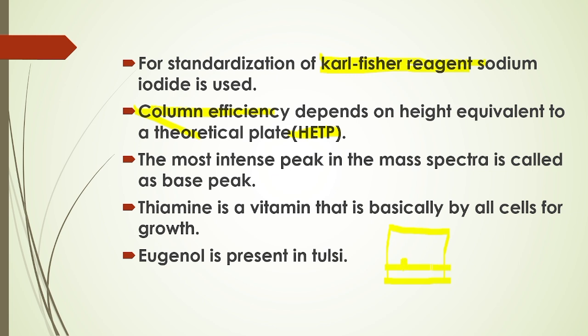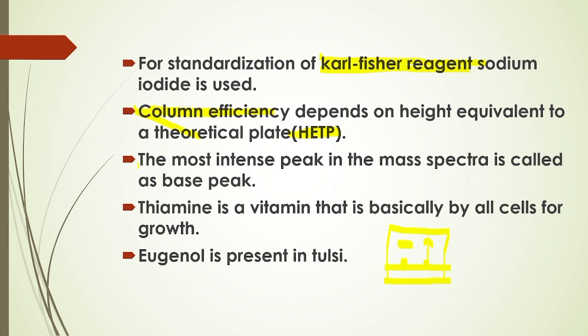Here is one component and here is another component. The movement of the compound depends upon their relative affinity. So this distance can be easily defined as the column efficiency: how much the components can be separated through the chromatography.